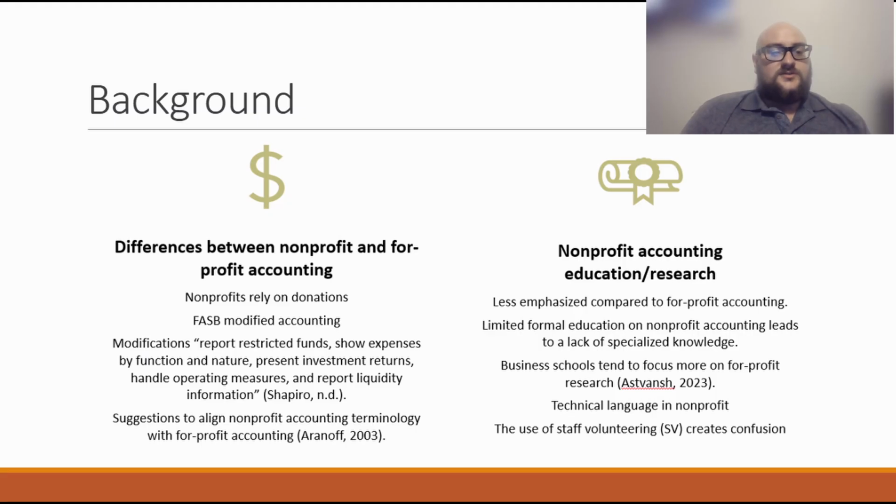During my research, I found two main issues when it comes to nonprofit accounting. First is the difference between nonprofit and for-profit accounting. Nonprofits struggle to acquire funds compared to for-profit businesses, relying on donations, and as a result, the FASB has adopted modified ways of accounting for nonprofit financial statements.